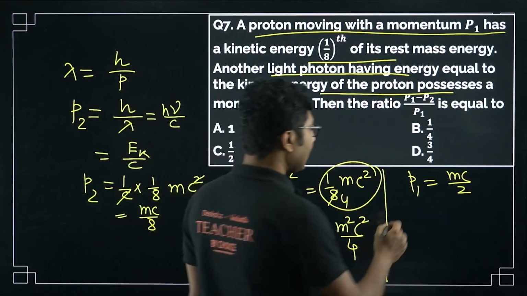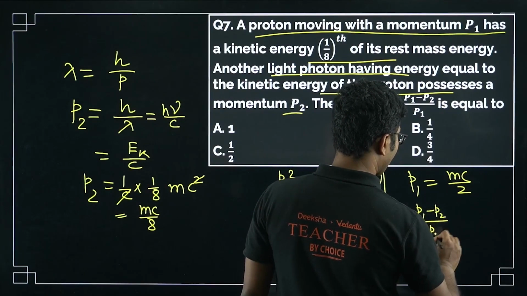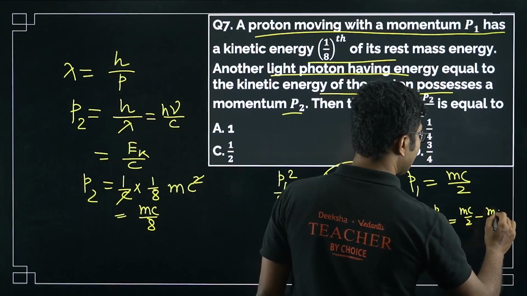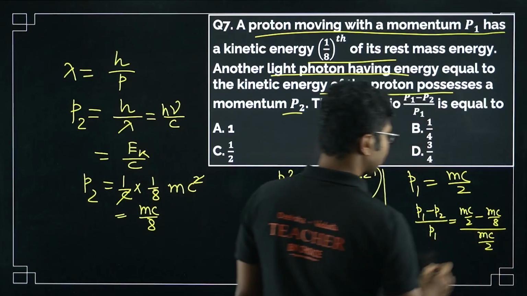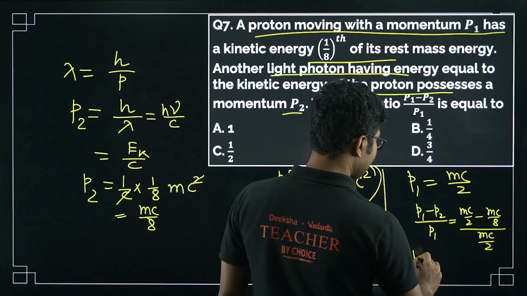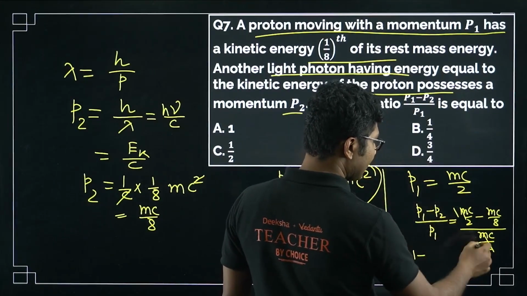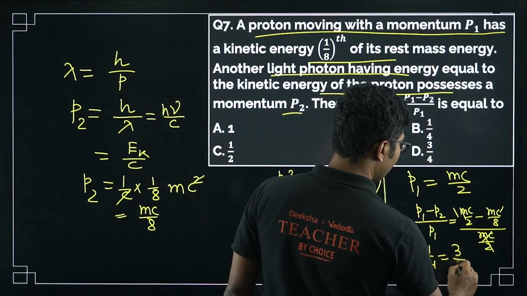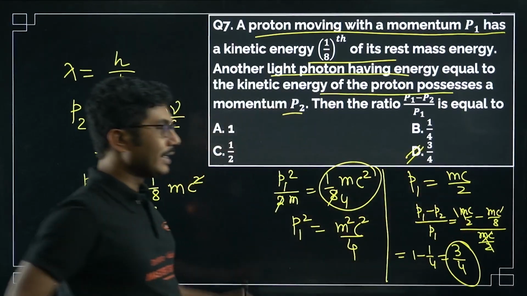Now we have to find the relation P1 minus P2 by P1, which is equal to mc by 2 minus mc by 8 divided by mc by 2. So it will be 1 minus, you can cancel this and you get 1, and this will cancel with this and you will get 1 by 4. So it will be 3 by 4. You can simplify it and you will get the answer.